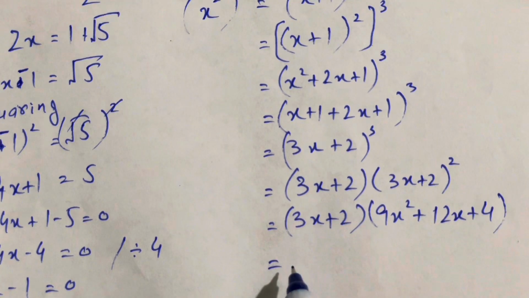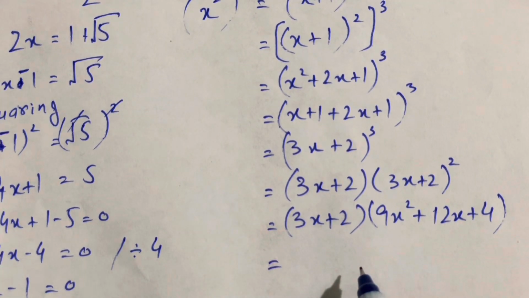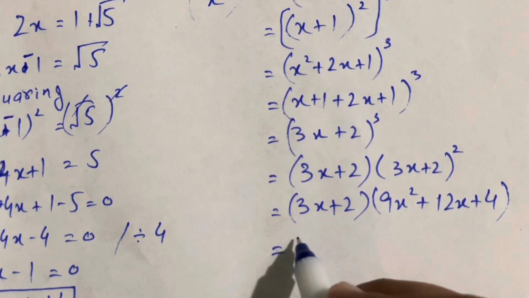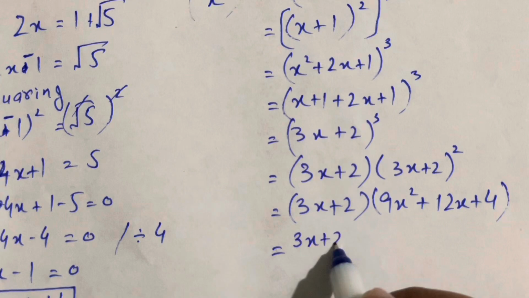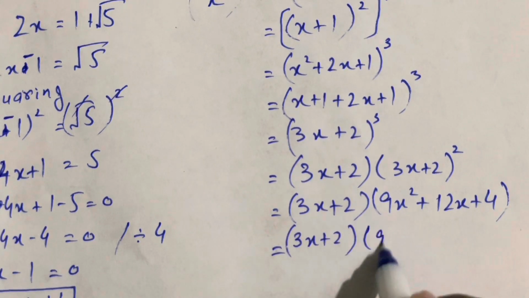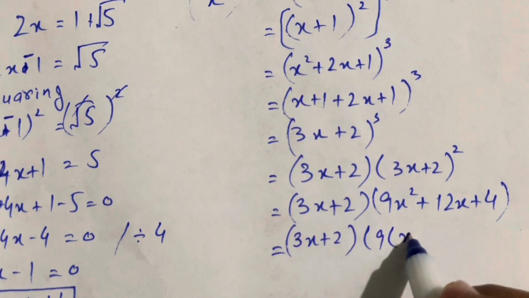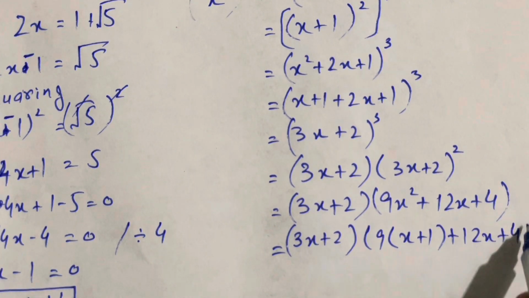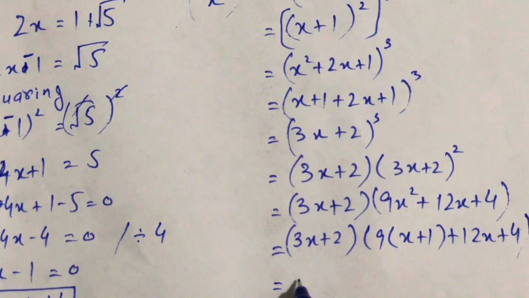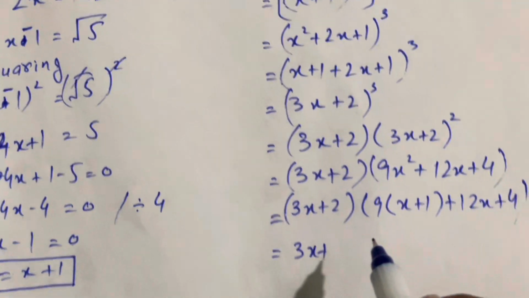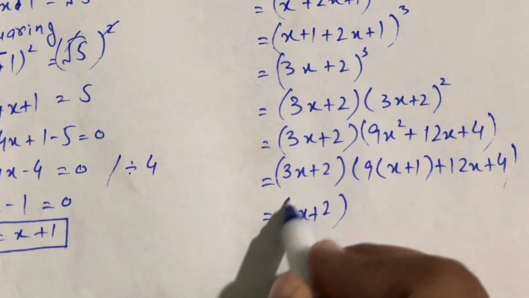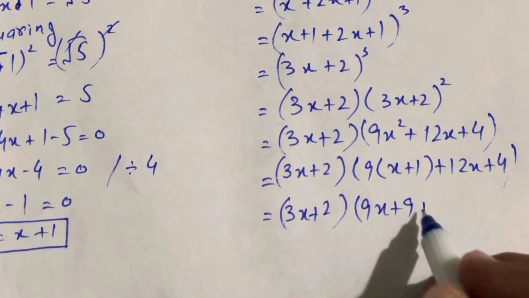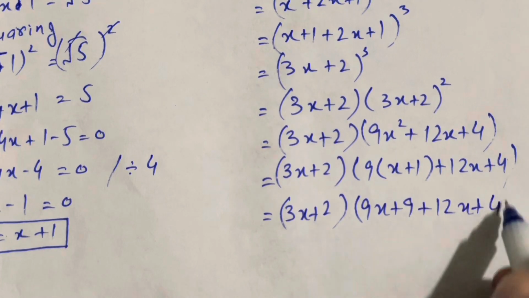And now I am putting the value of x square, that is x plus 1: 3x plus 2 times 9x plus 9 plus 12x plus 4.